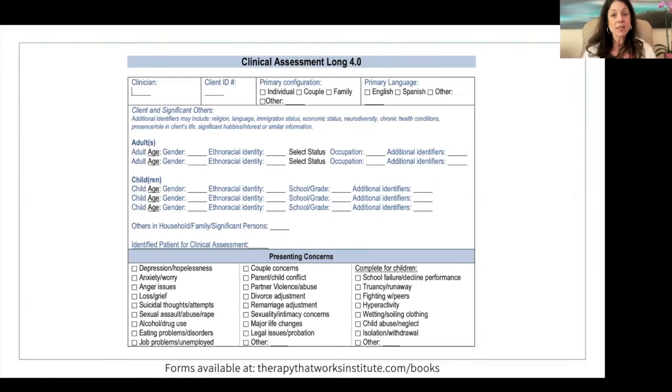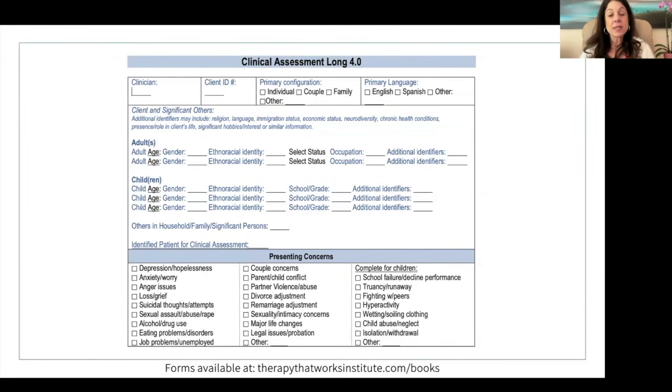These forms are designed to be used in training contexts to train systemic therapists. So this one looks at others in the household or family, or significant persons, such as stepmothers, fathers, step siblings, grandparents, aunts or uncles, whoever is really significant in the client's life. Then the identified patient line is to specify who in the above is the person you are assessing in the rest of this form.